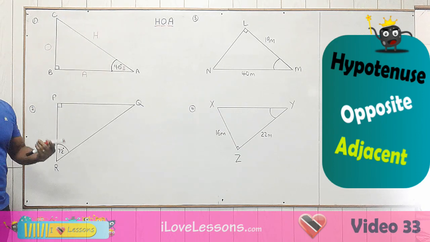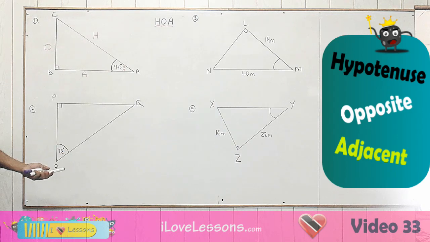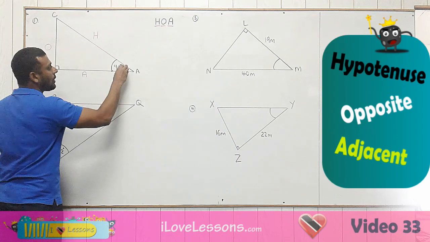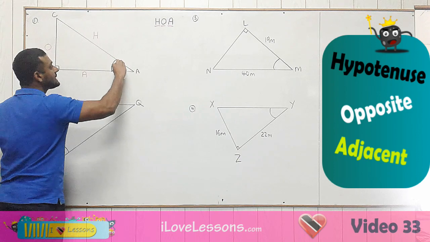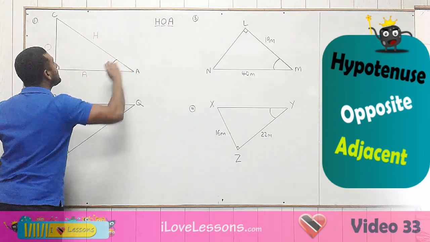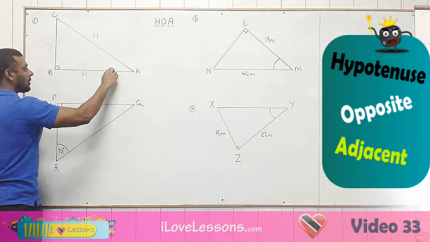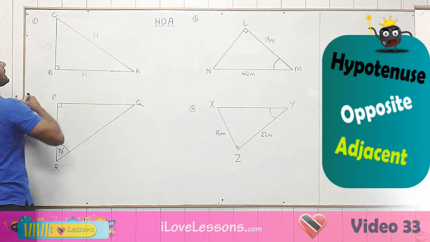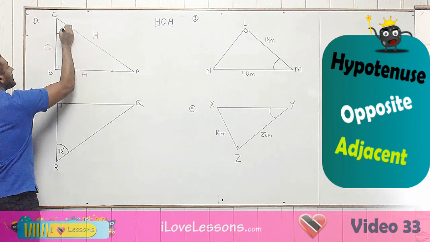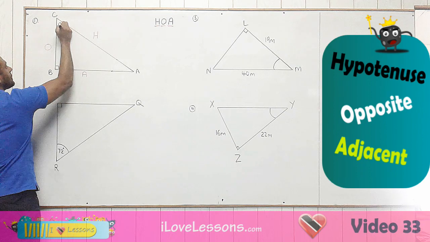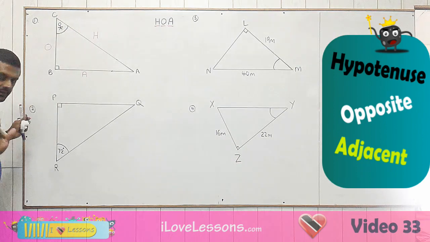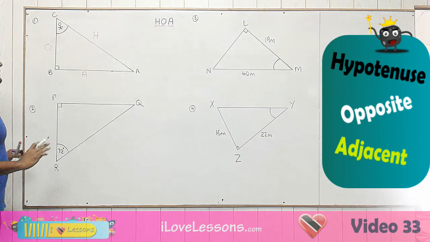But let's just say the question changed, and we are no longer standing here. Let's just say that for some reason, we are required to stand here. Now, you're going to realize your opposite and adjacent are going to change.